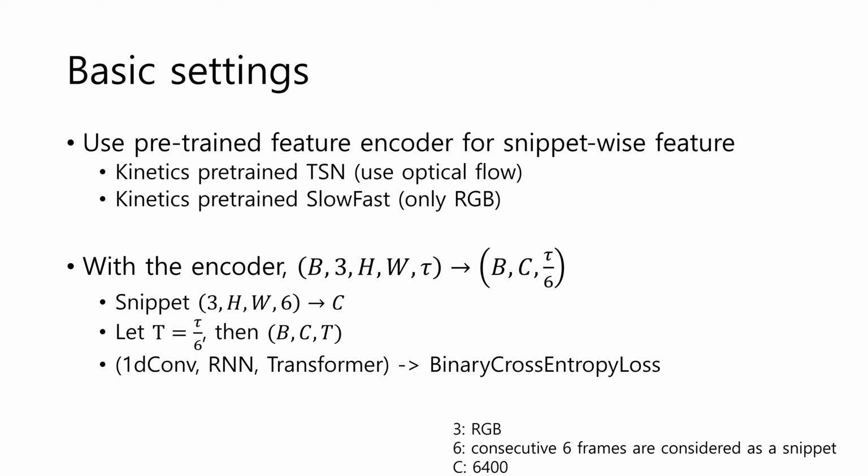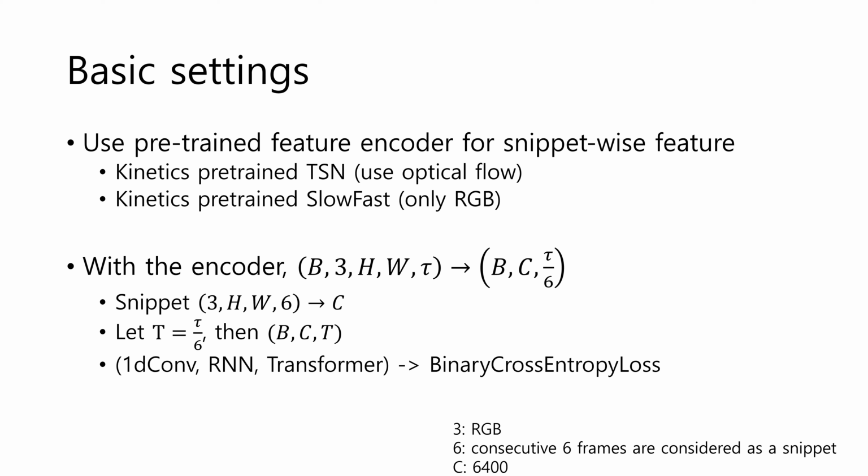To be specific, we used the Kinetics pre-trained TSN model and SlowFast model, and considered 6 consecutive frames as a unit video snippet, or in other words, the input tensor to the aforementioned backbone models. Then, the two snippet-wise features, TSN features and SlowFast features, are concatenated along the feature dimension, resulting in a 6400-size vector per snippet. Detailed information about our backbone can be found in our technical report.